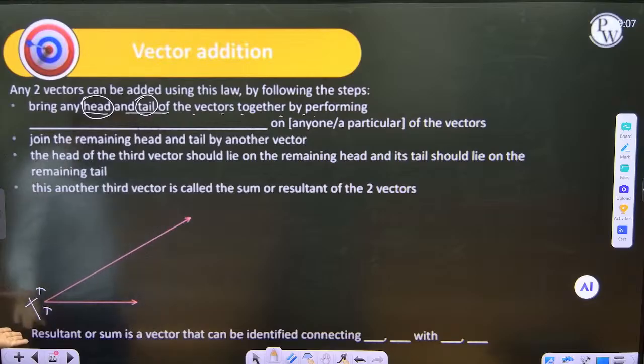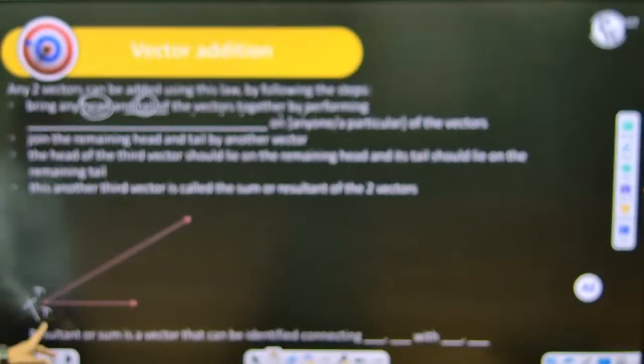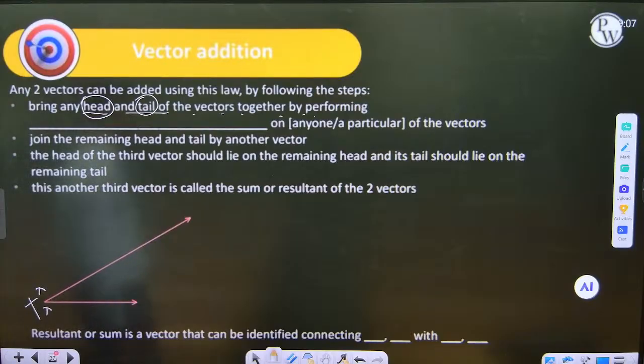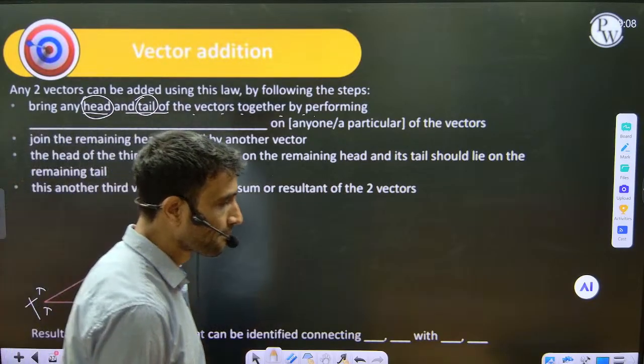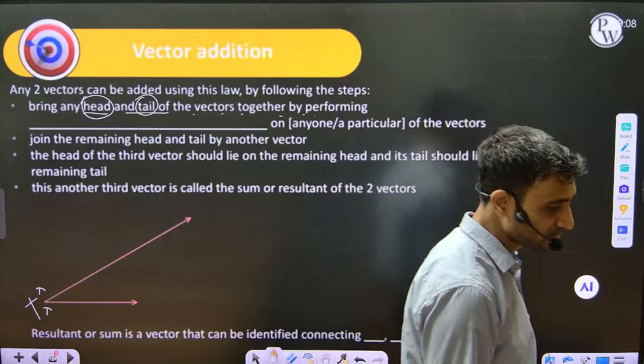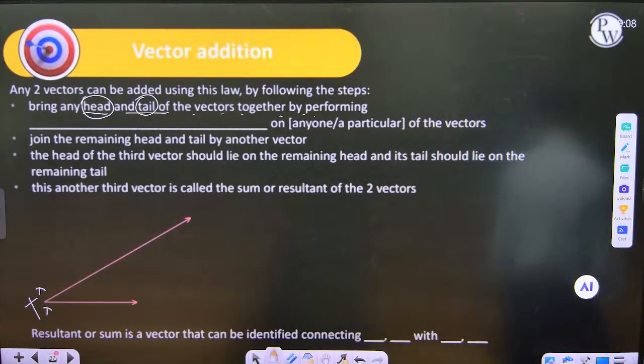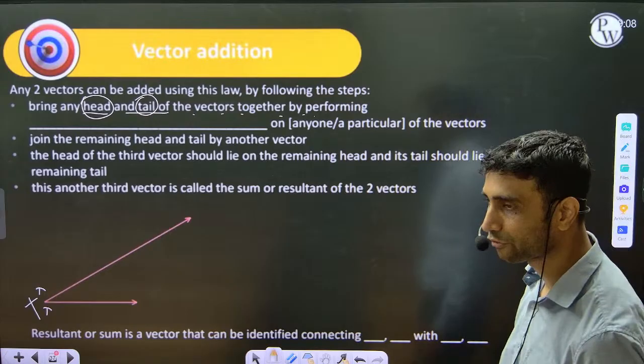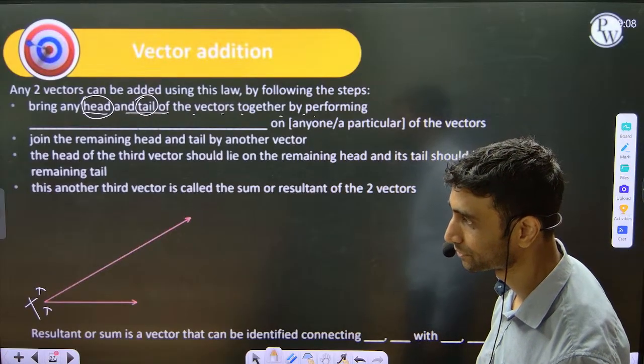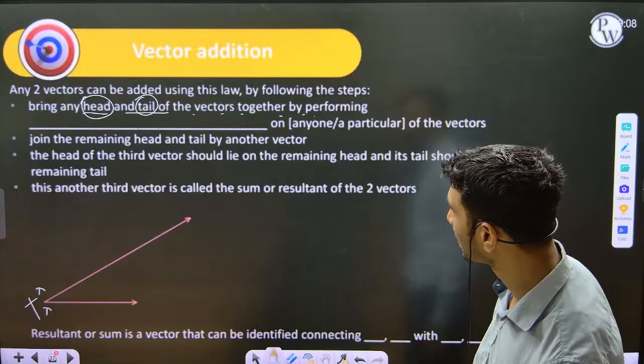Are they together here? No, they're not together. So if they're not together, what am I supposed to do? What can I perform?